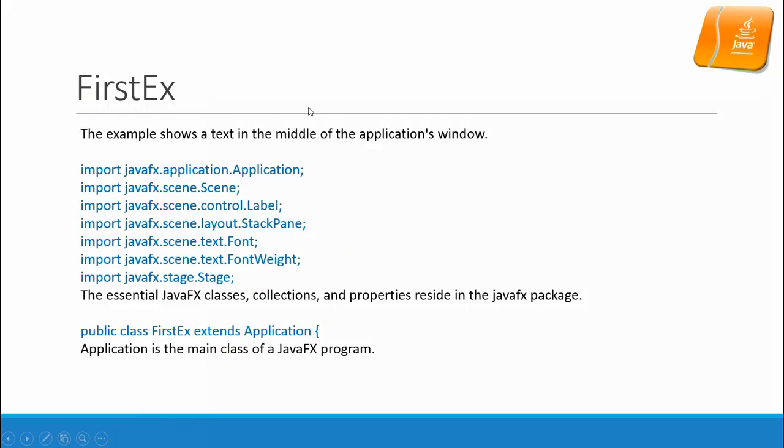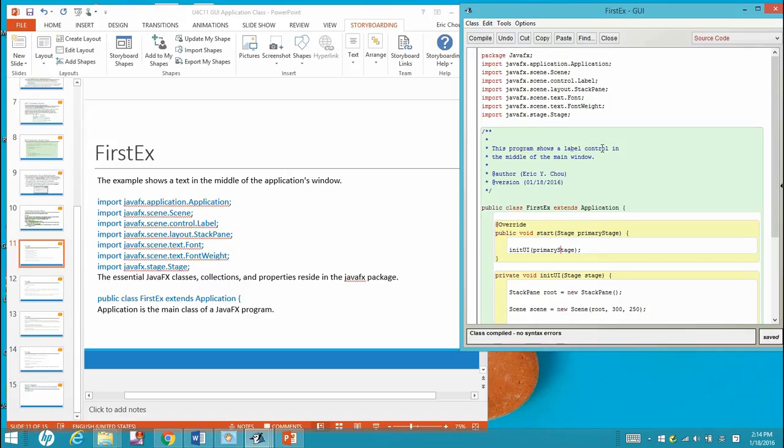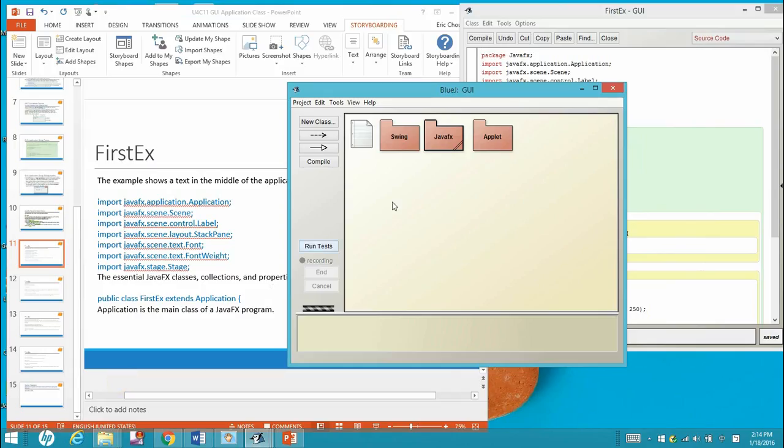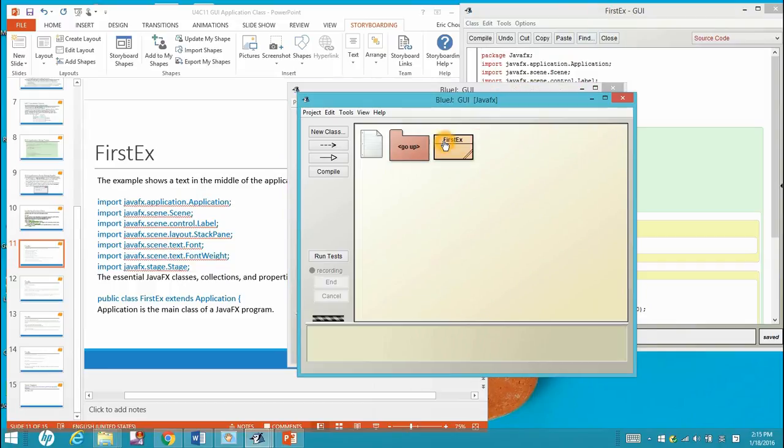Our first example, let me show it side by side with the BlueJ environment. On the right-hand side, I have the Java code for the first example, and as you can see, I have the JavaFX package. You can download our GUI_basics.zip. If you unzip it, there will be a GUI directory. Under the directory, there are 3 packages, and one of them is this JavaFX, where I will put all the JavaFX examples.